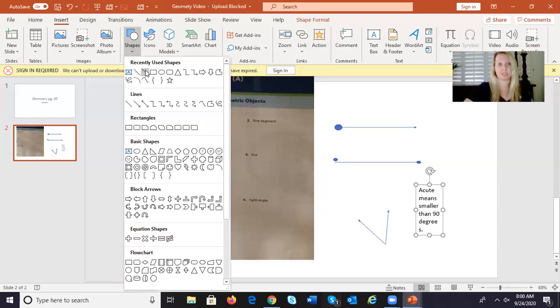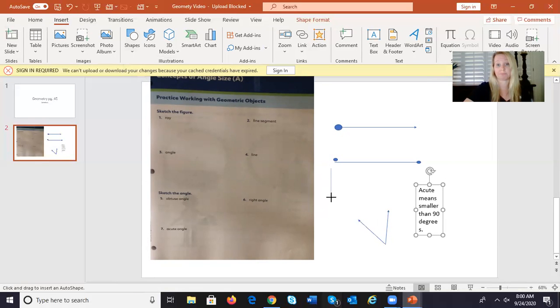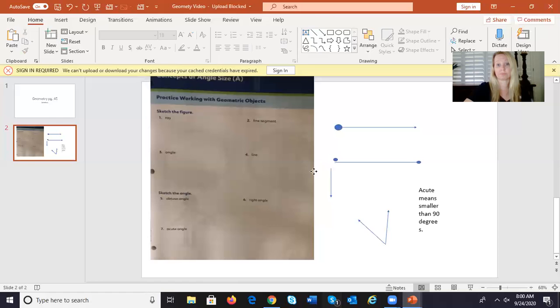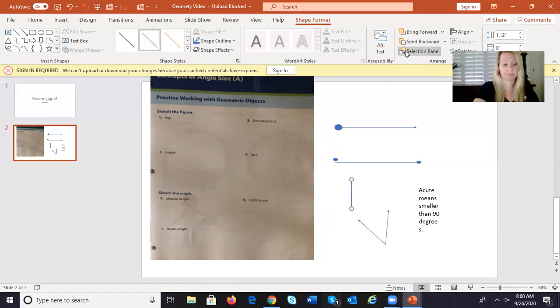So let me go ahead and take out my shapes here so I can draw one on the board. All right, so I'm moving my rays so that I have them connected and it looks like a perfect L. So they're going to meet right here.